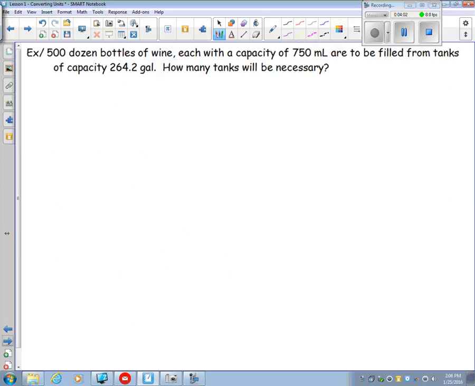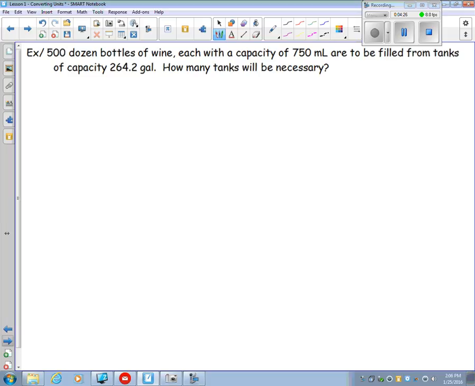The last example, sort of an in-depth kind of word problem here. And we have a whole bunch of bottles of wine, 500 dozen, each with a capacity of 750 milliliters. And we have to fill those from a vat, if you will, of our tanks that each have 264.2 gallons in them. We want to know how many tanks are going to be necessary.